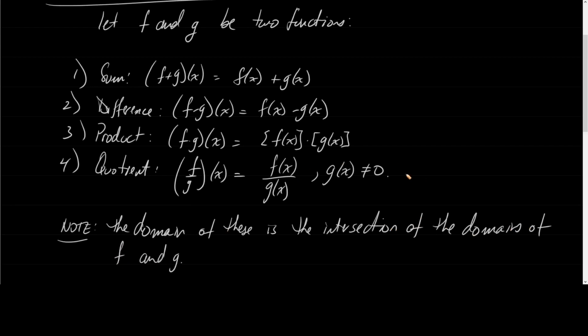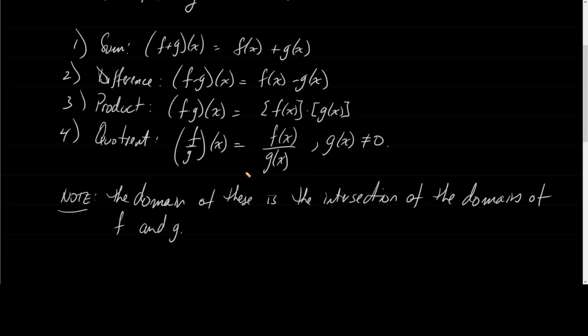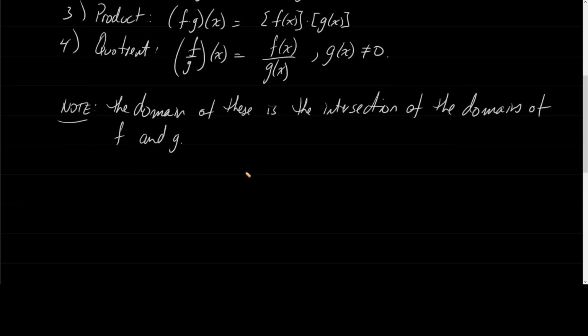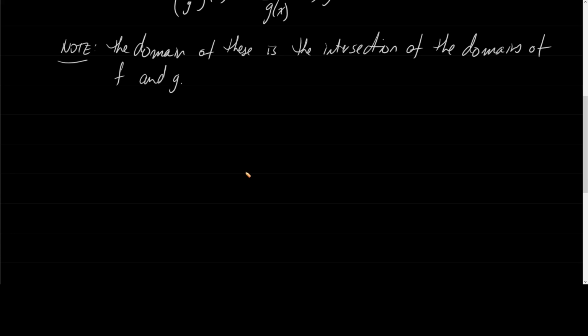With the exception here, you also have to remember that g of x cannot be equal to 0. But otherwise, the domain of the combination is the intersection of the domains of each of them separately. All right, so let's get some examples in here.